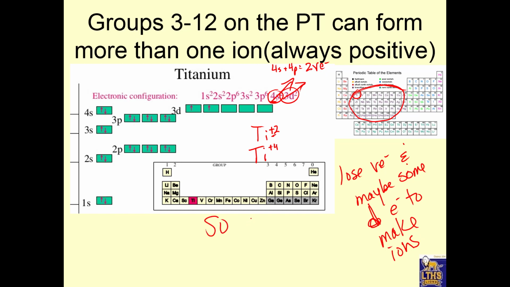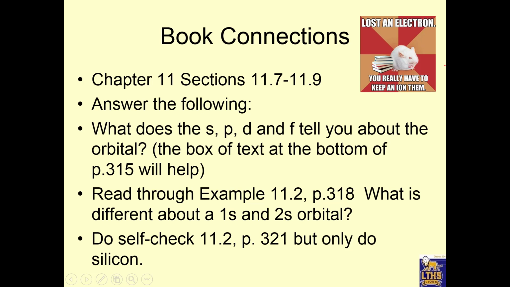So transition metals, groups 3 to 12, have multiple charges. But other groups only have one charge. Okay, but they're all going to be ions that lose, so they're always going to be positive. Lots of stuff going on there. Hopefully you got the gist of it, but now I want you to try these. Please put these into your notes, and you can ask about them in class.